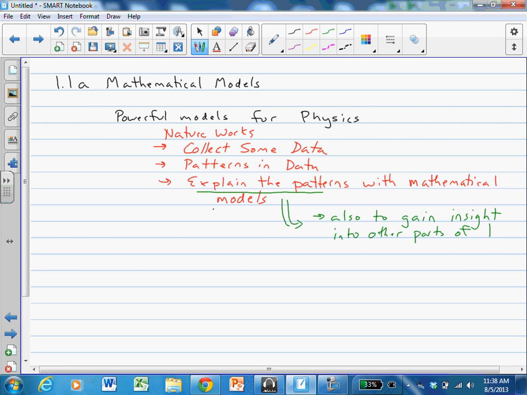So we collect some data. We'll do a lot of that in this class. We look for patterns in the data, and we explain these patterns with mathematical models. But then once we get the mathematical models, we might be able to use these to gain more insight into the problem, which makes it very powerful in physics.